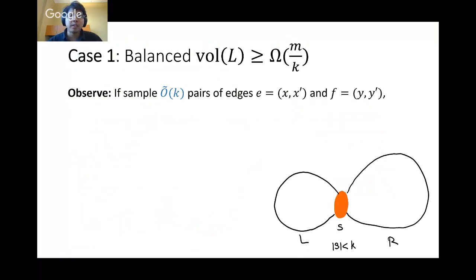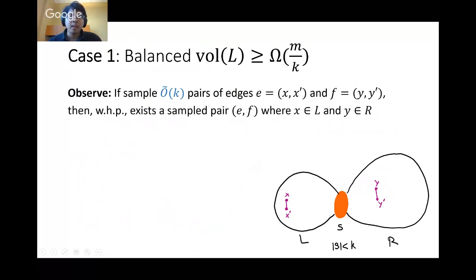Suppose that you sample K pairs of edges, E and F. Then with high probability, there should exist one pair such that an endpoint X is on the left and another endpoint Y is on the right.